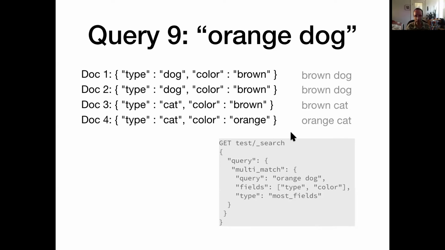So in this case, the users of the search system might have an implicit preference, or might value the type field over the color field. But of course, the search engine itself doesn't know that we have that preference.